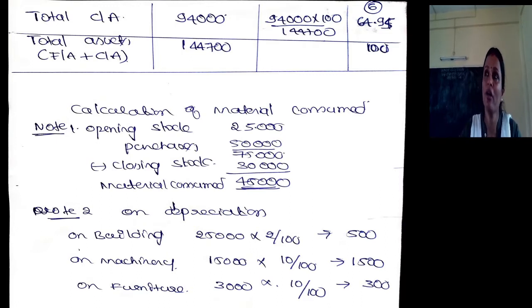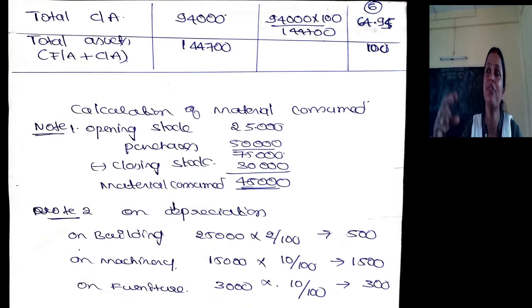So here we have opening stock of material, closing stock of material, and material purchased. See, in the previous problem it was not the case. I think in the third problem we had only material. But here that is not the case.